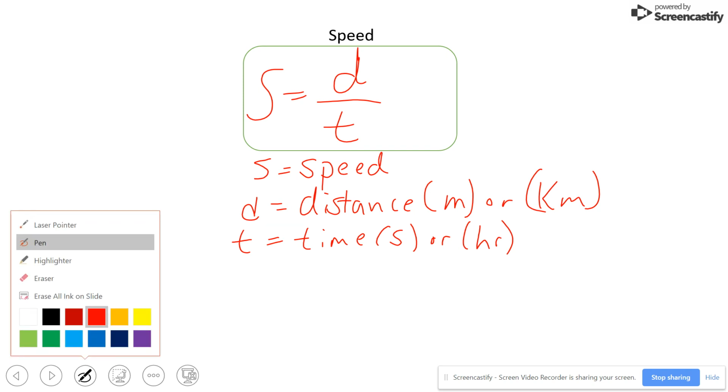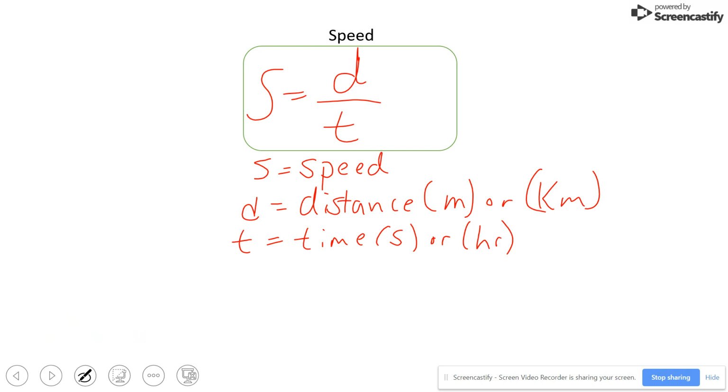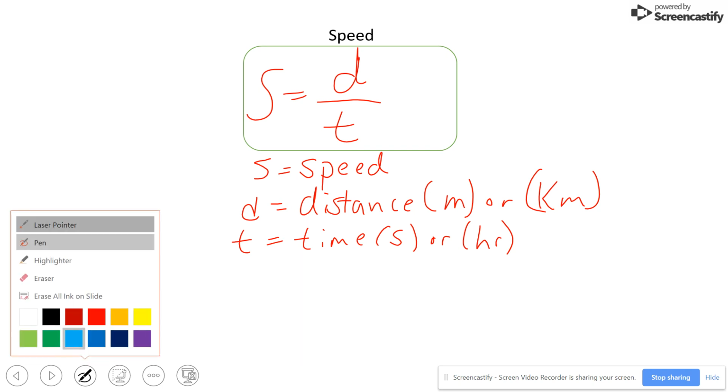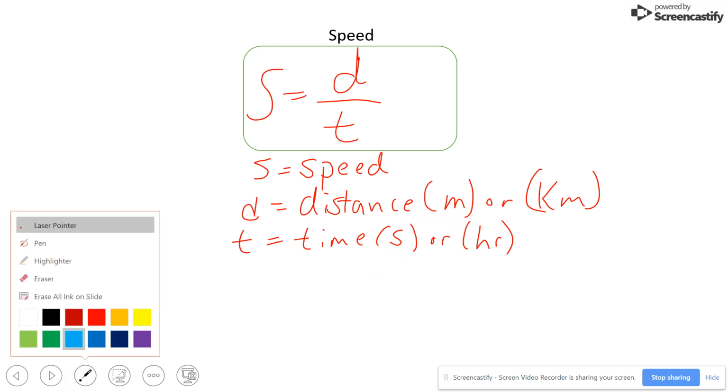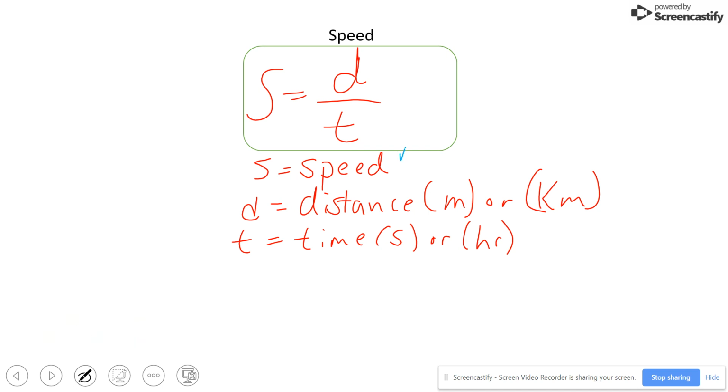So that leaves our unit for speed. When we're looking at how to calculate speed, speed is distance over time. So when we look at our unit for distance, it's meters per second. So m over s is your unit for that.